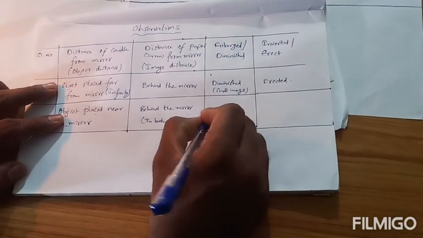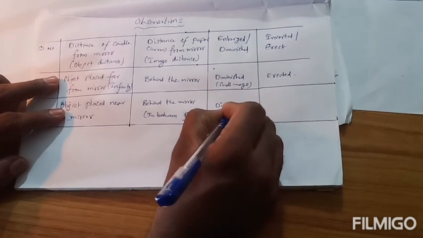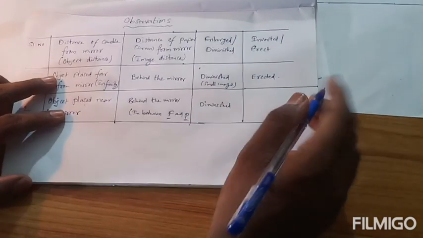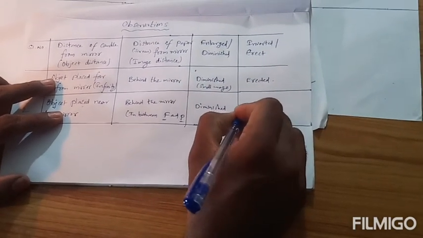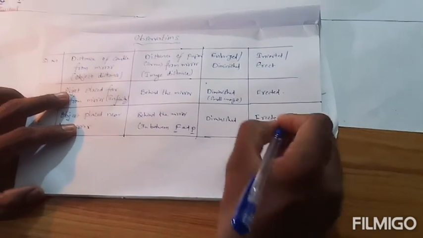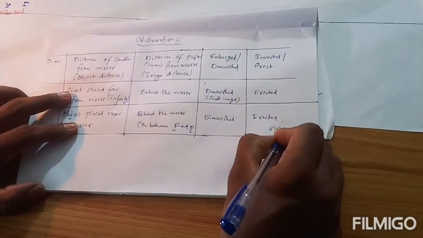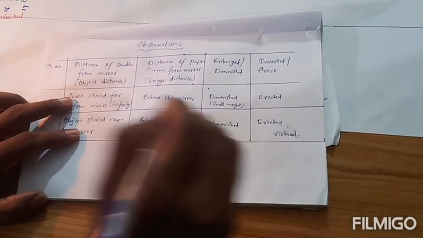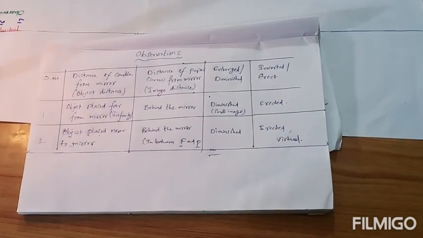And this is also a diminished image, means a small image, and it is also an erect and virtual image. Erect and virtual image is formed. So these are the observations we recorded in our notebook.